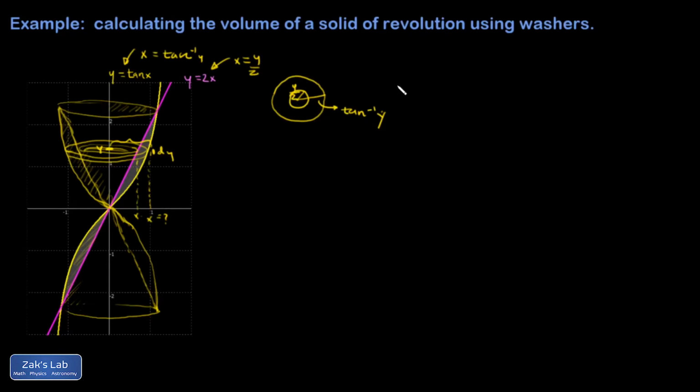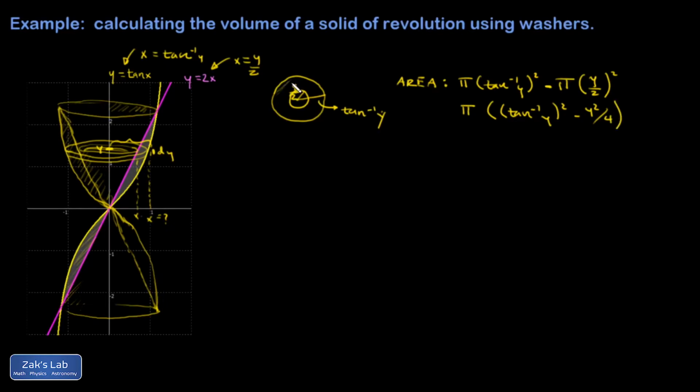To get the area of this thing, I take the area of the larger circle, pi times the inverse tangent of y squared, minus the area of the inner circle, pi times that radius squared. But you might want to clean up a little bit. I could factor out a pi times inverse tangent y squared minus y squared over 4.